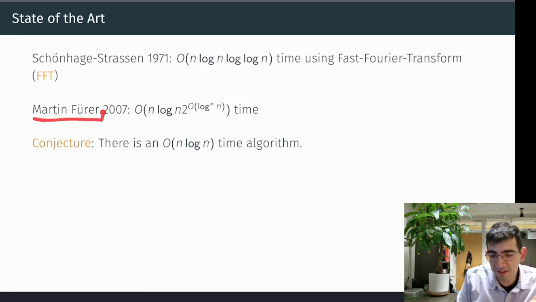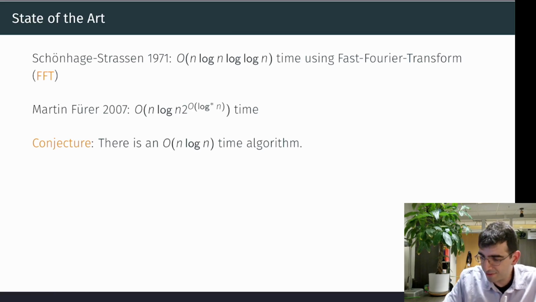Martin Fürer in 2007, well, actually not that recently, 20 years ago, but in 2007 proposed an algorithm that runs in O(n log n 2^(O(log* n))) time. This function itself grows very, very slowly, so very, very close to n log n. Many computer scientists believe that there does exist an O(n log n) algorithm, but it hasn't been proven yet. And who knows, maybe you guys will be the first ones to do it.